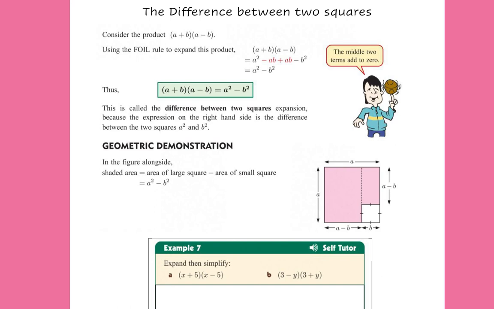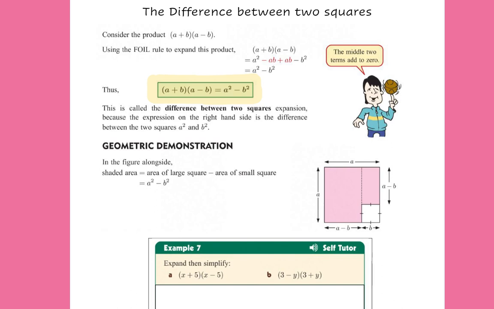Okay, so we're going to take a quick look at some special products. And this first one is called the difference between two squares. And it looks like this, where we have a plus b, a minus b equals a squared minus b squared.